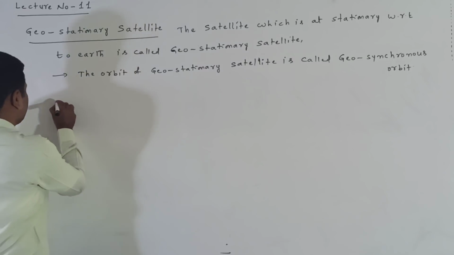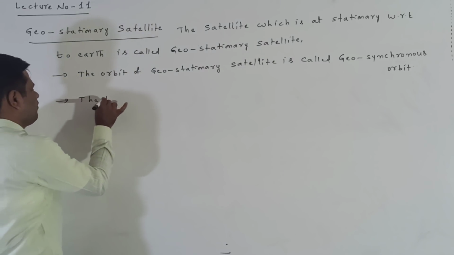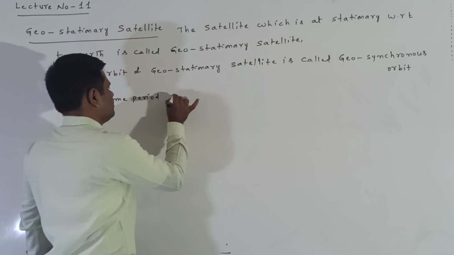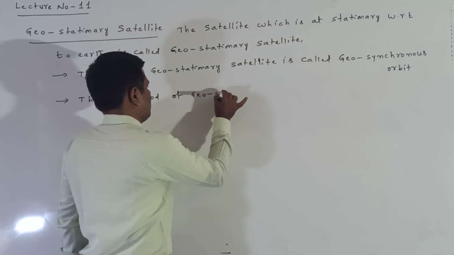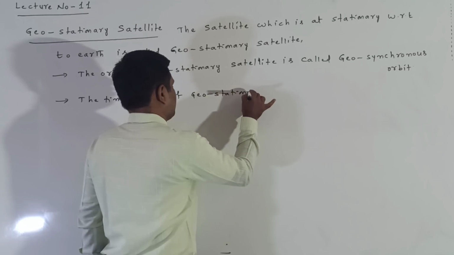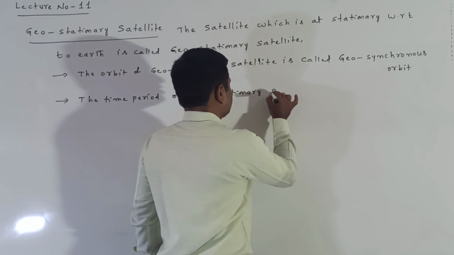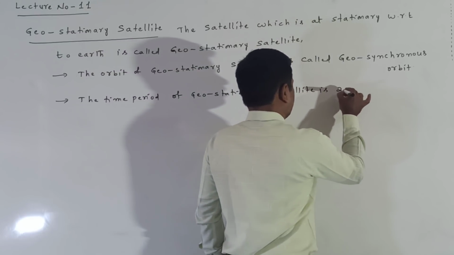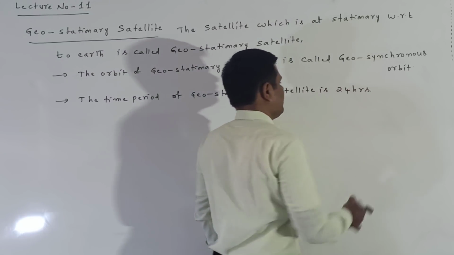Next, we write the time period of the geostationary satellite is 24 hours. Why 24 hours?